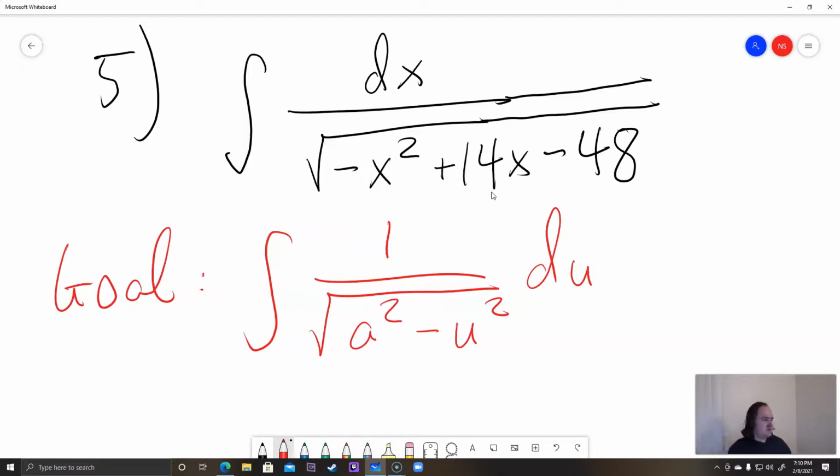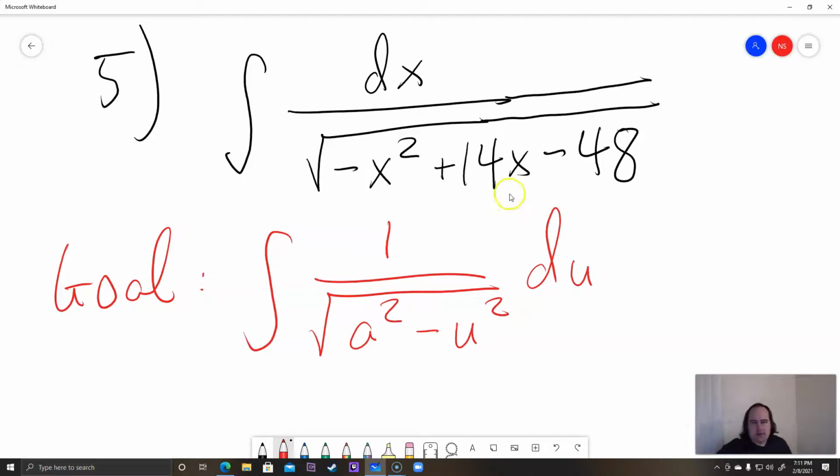Now, how do you complete the square? Well, there are different ways different teachers teach it, and some of you might not remember how to complete the square. But the basic idea is you want to write it as something squared minus something else squared.